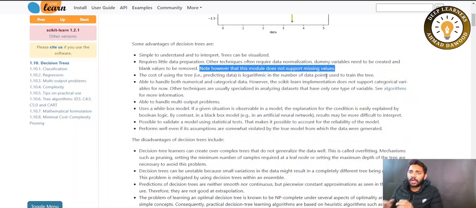So there is always some difference between the theoretical concept and the practical implementation, because in practical implementation you have to consider other aspects like computation power, your resources, and time complexity. So there is usually a gap between theoretical concepts and practical implementations.